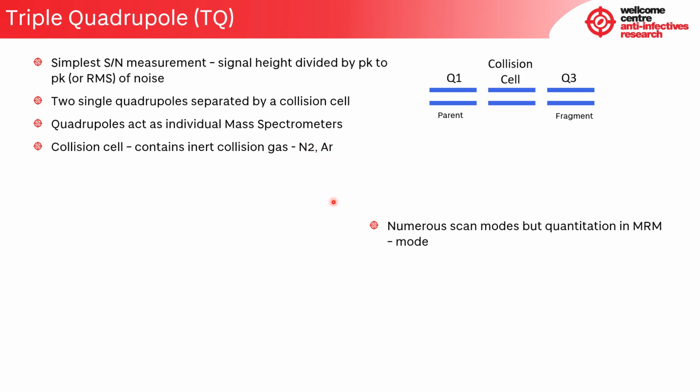The instrument can be operated in a number of different scan modes, but for quantitation, it's usually used in multiple reaction monitoring, or sometimes called selected reaction monitoring. In this mode, typically, Q1 allows only the parent molecular ion through into the collision cell, and it's then fragmented. Q3 will then monitor the most suitable fragment, which is usually the largest fragment.